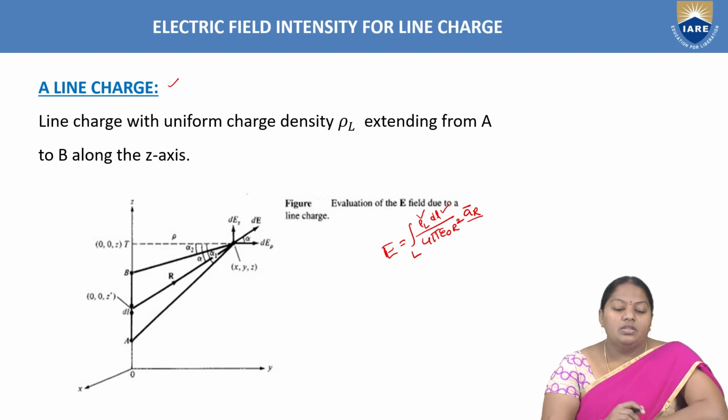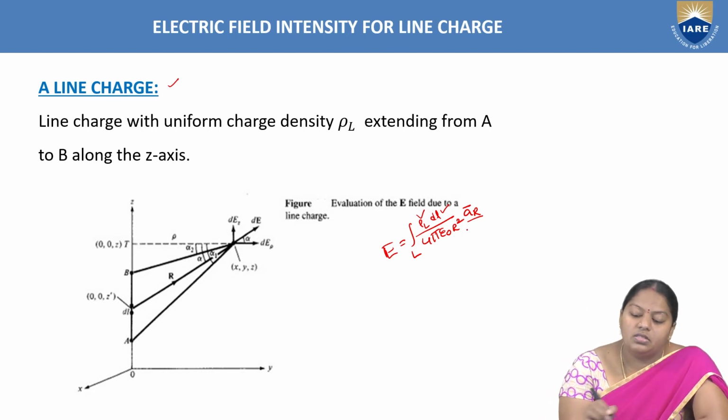So in order to estimate all this, we have to find how much line charge density exists, what the displacement length of this particular line is, and in which direction it is to be varied.